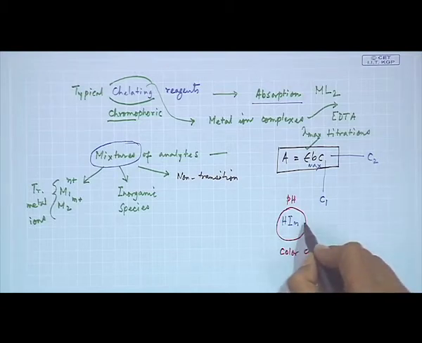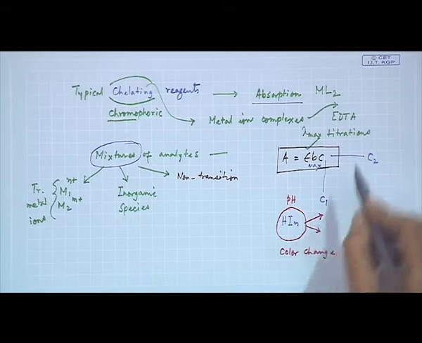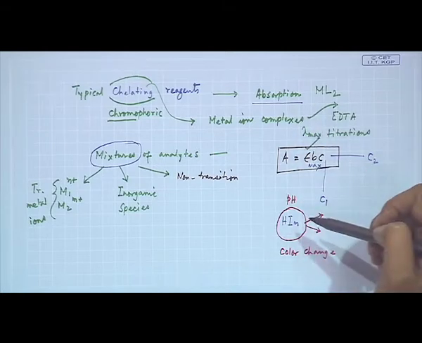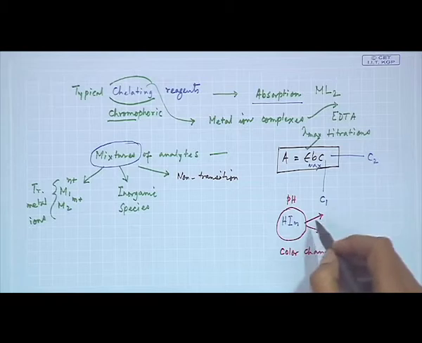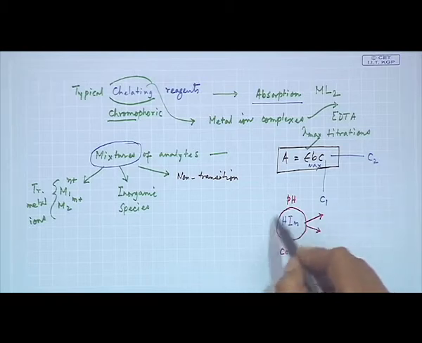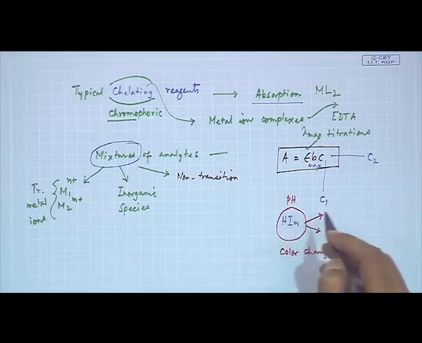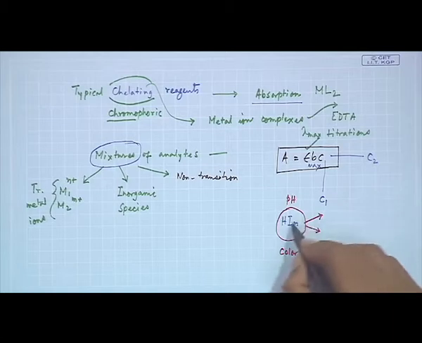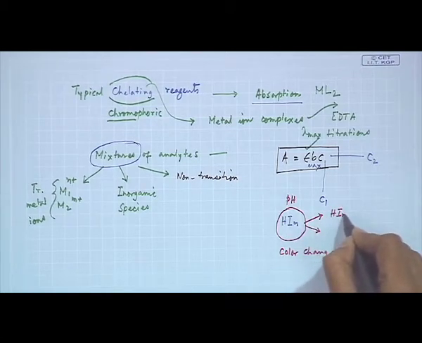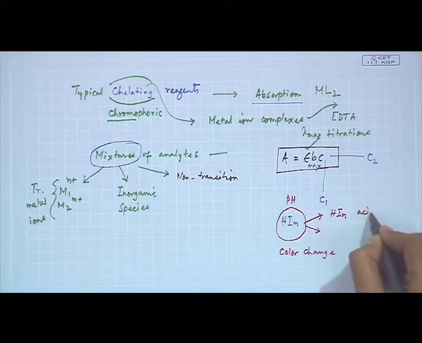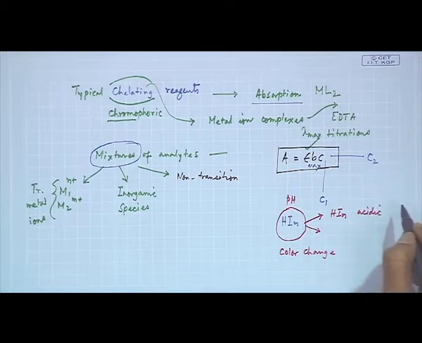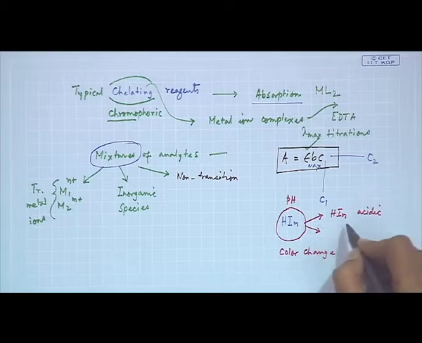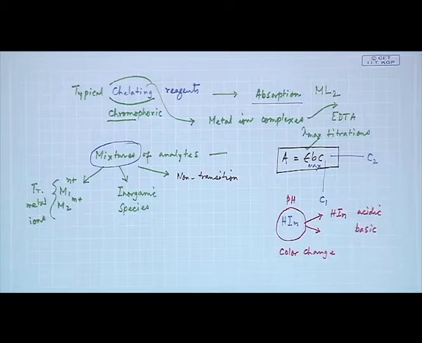That means the species which is responsible for your color absorption is different. Why is it changing? With the change in pH, if we consider that this is a weak organic acid, as we all know for methyl orange and methyl red, this particular species is present in its intact form in acidic form. So, at low pH or acidic value, it is present as HIn, but in the basic form it will go for deprotonation, giving In minus.